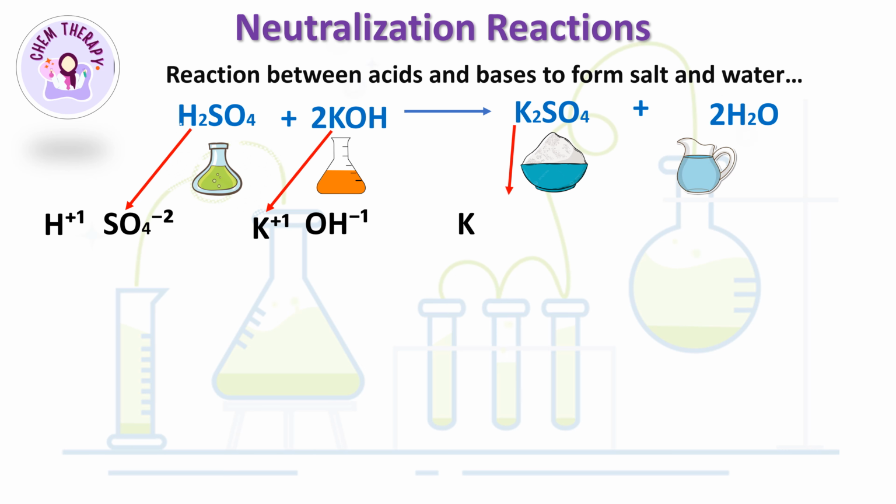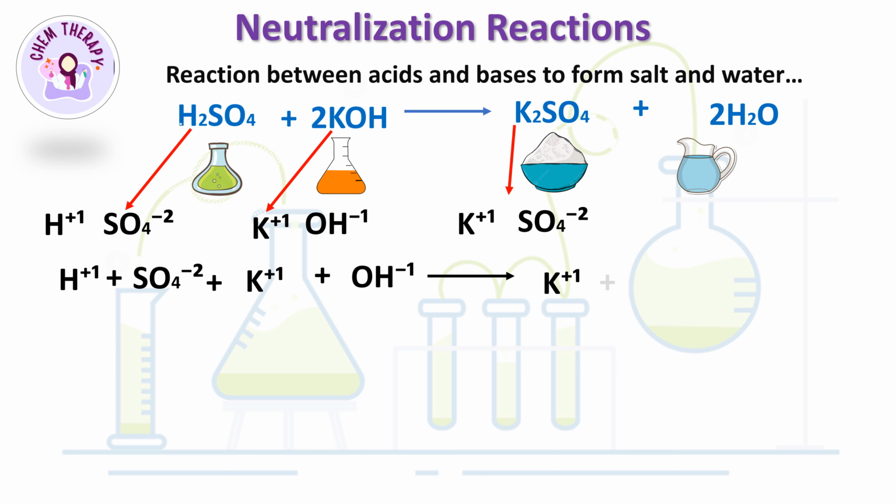Potassium sulfate, being in aqueous solution, dissociates into potassium ion and sulfate ion. Writing the net equation: hydrogen ion plus sulfate ion plus potassium ion plus hydroxide ion goes to form potassium ion plus sulfate ion plus water. Now, cancel the similar ions on the left and right side of the equation.